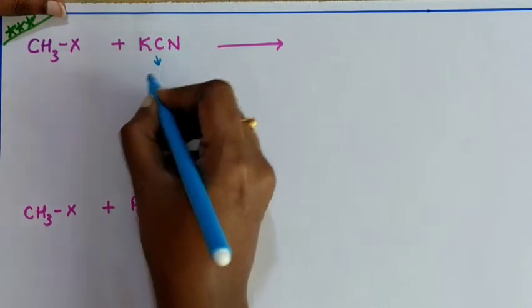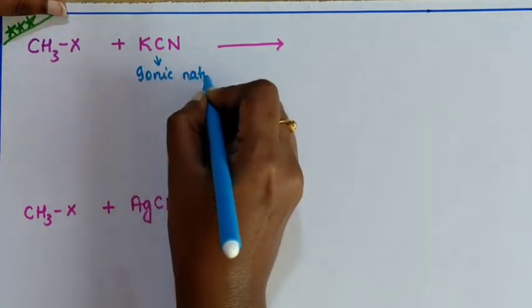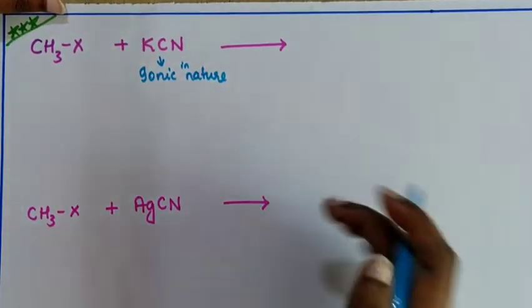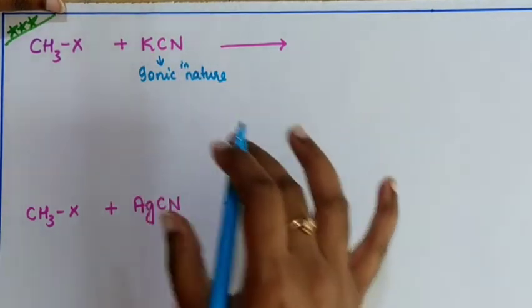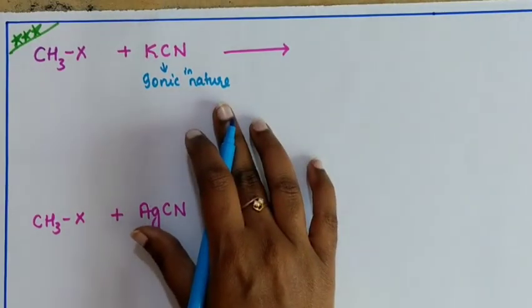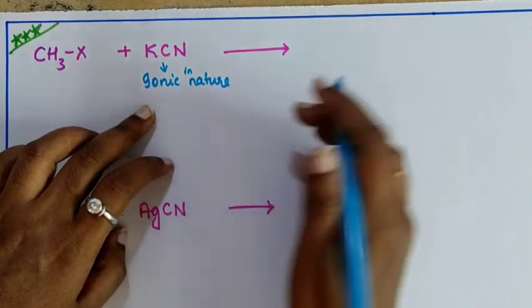KCN is mainly ionic in nature. Potassium cyanide is ionic in nature, so in solution form it is going to form the cyanide nucleophile.